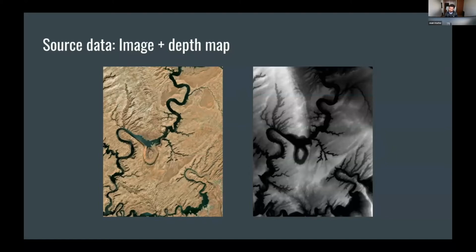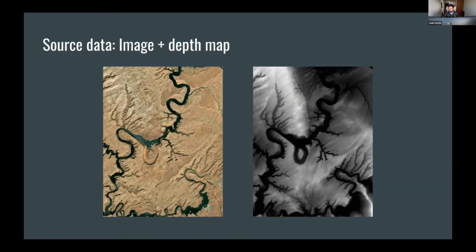Here we see Monument Valley, and the darker areas are further from the satellite or further from the viewer, from the screen in this case maybe. And the lighter areas are taller, higher, or closer to the subject. So the peaks of mountains would be white in this case.